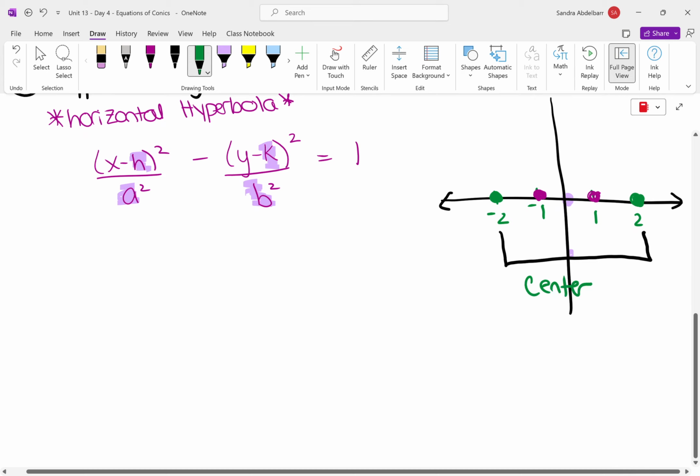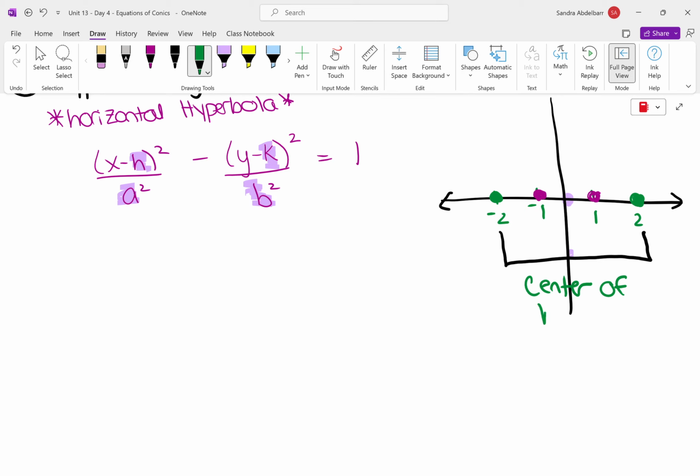So, center of hyperbola is midpoint between the foci.